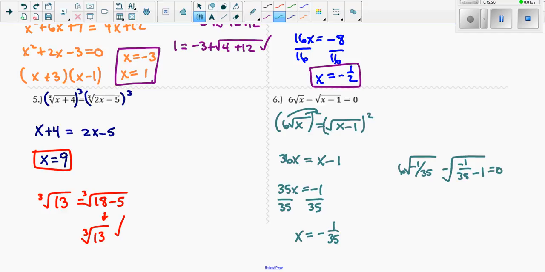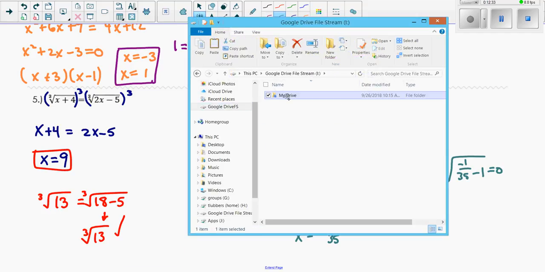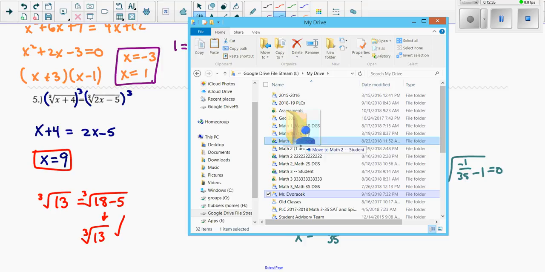Okay, this one you kind of have to use your calculator for, so I'm going to bring my calculator up.